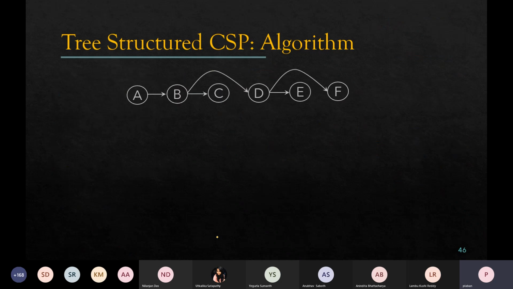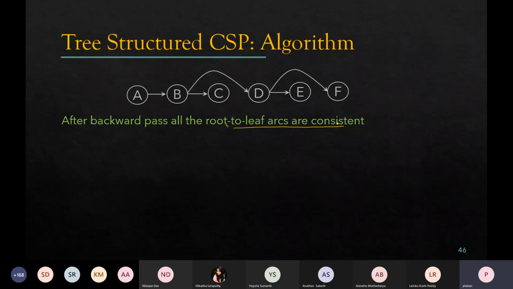Now for the tree structured CSPs, these are the things that we are gaining. The first gain is that after this backward pass we have done, all the root to leaf arcs are consistent. This is one thing that we have achieved. The implication of that is that we do not need to do any backtracking, right?